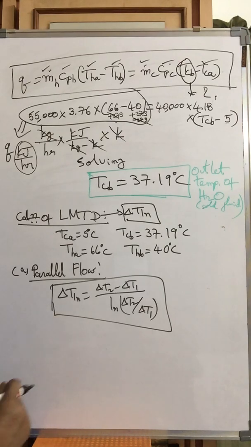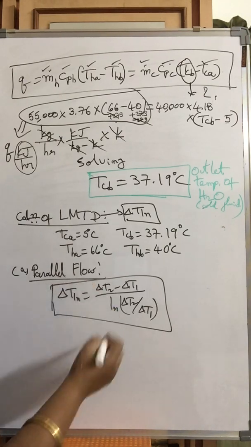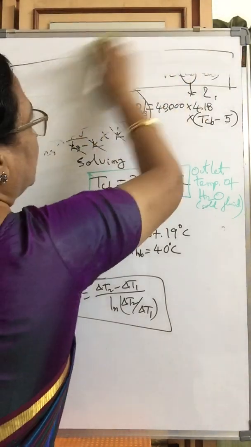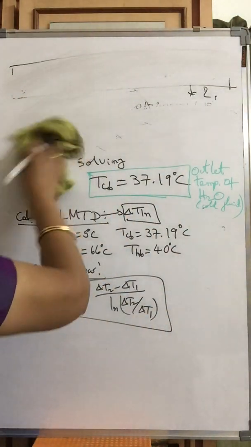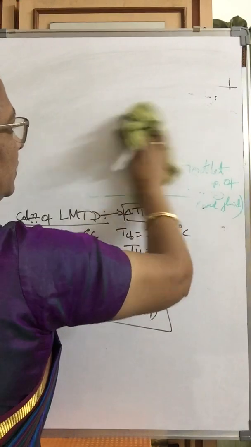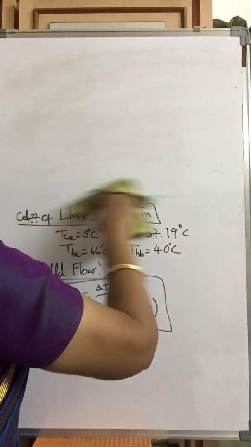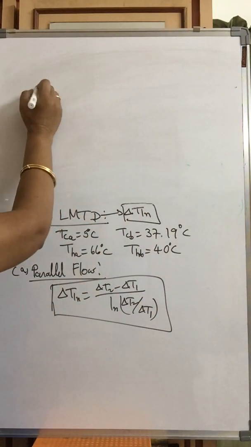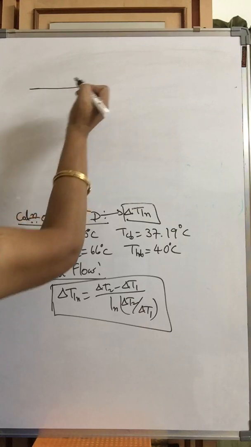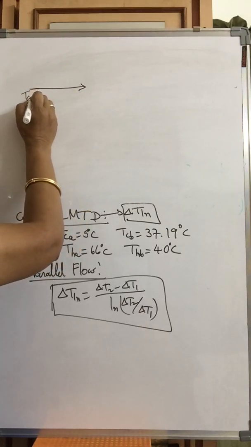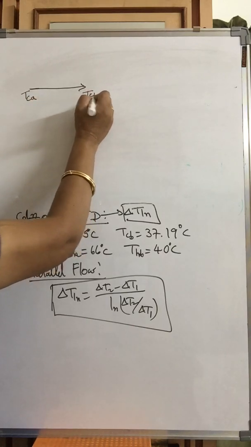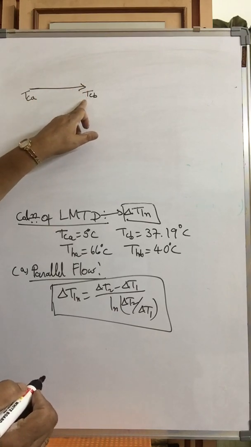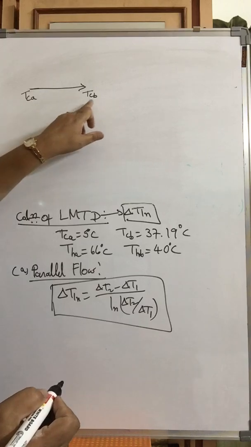Now we will see how to calculate for parallel flow. For parallel flow, we use a two-line diagram like this. First draw one arrow mark and name it TCA and TCB. This arrow direction shows the direction of the cold fluid. Entering is TCA, leaving is TCB.